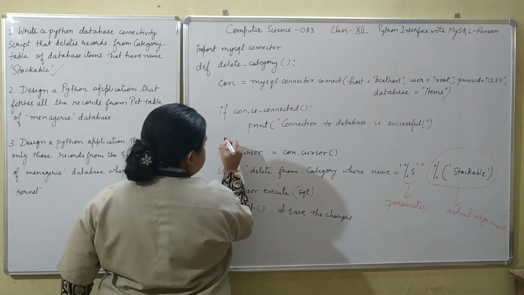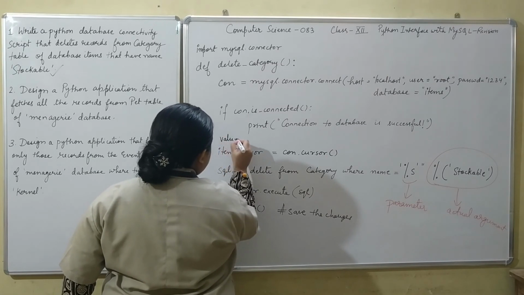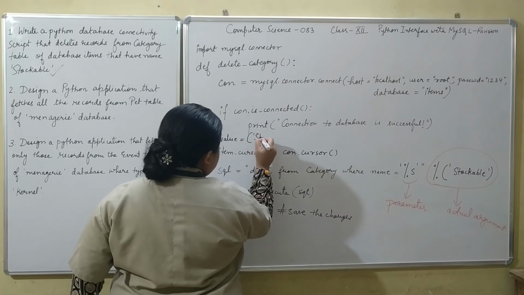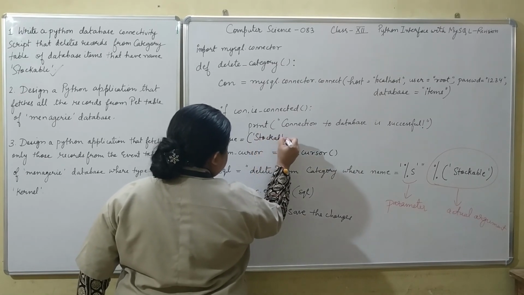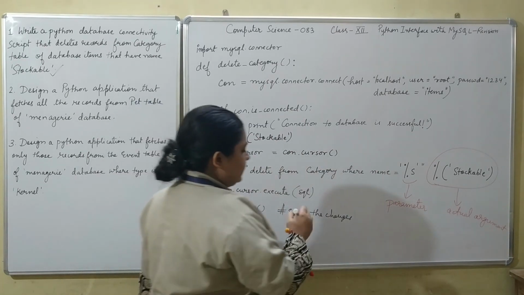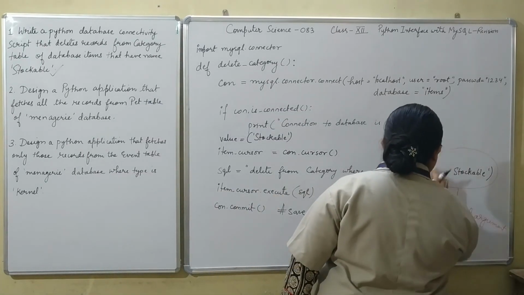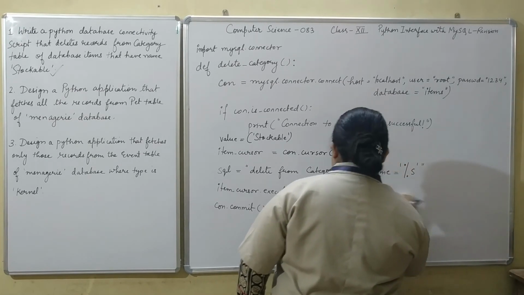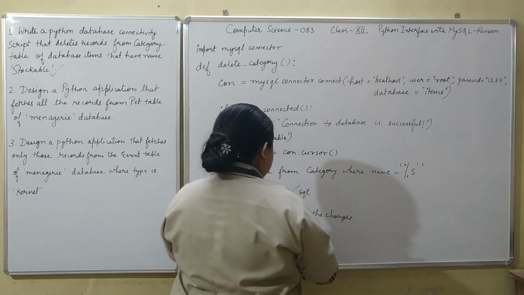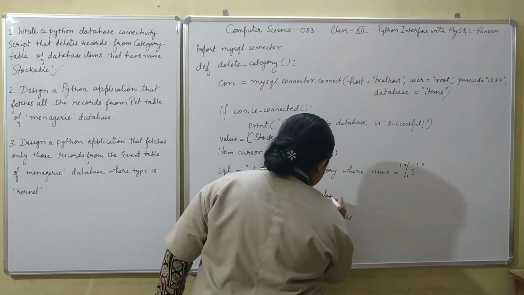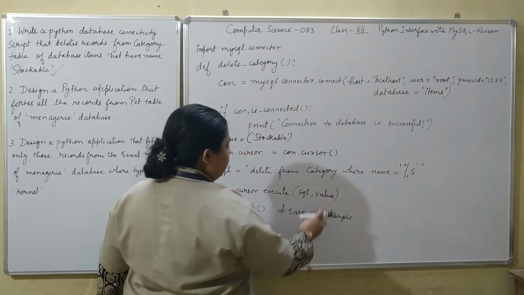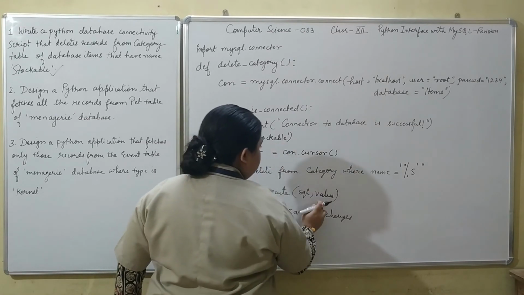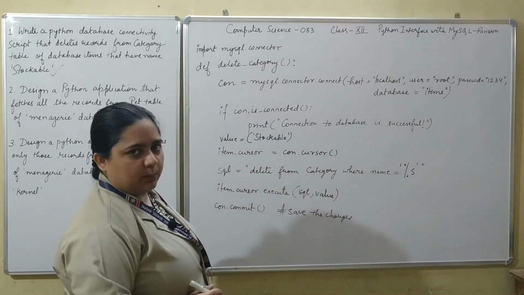We can write value is equals to stockable, and this same value I can send over here along with SQL. So whatever value is stored in this variable value, which is a tuple, that would be sent to the MySQL database.